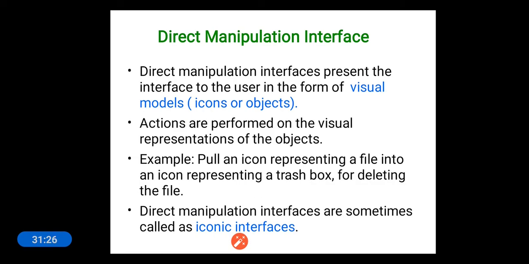Just by clicking on the message icon, our messages will be opened. Here the actions are performed on the visual representation of the objects. For example, dragging an icon representing a file onto an icon representing a trash box for deleting the file. That is also a kind of direct manipulation interface.